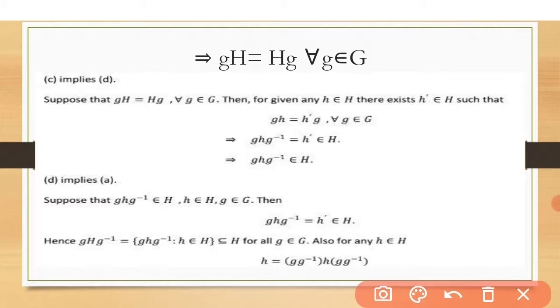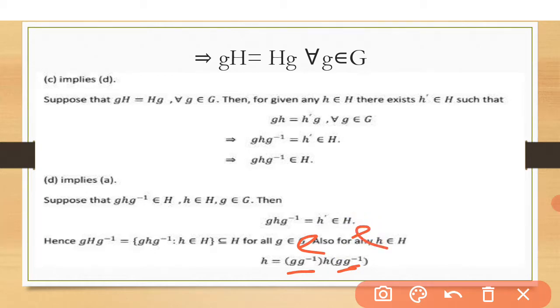D implies A. Suppose that ghg inverse belongs to H, where small h belongs to H and small g belongs to G, then we take this statement ghg inverse is equal to h prime, where h prime also belongs to H. Now for all g belonging to G, and for any h belonging to H, we can write h like this, because gg inverse is the identity element.